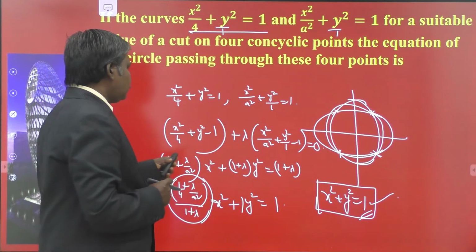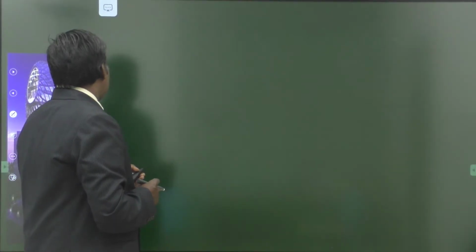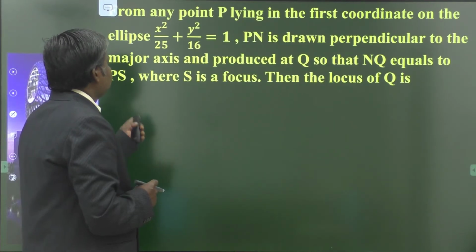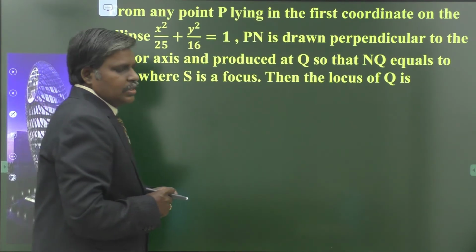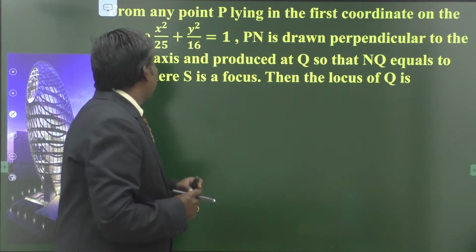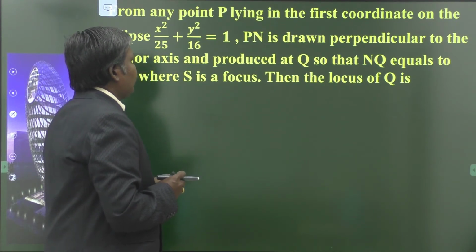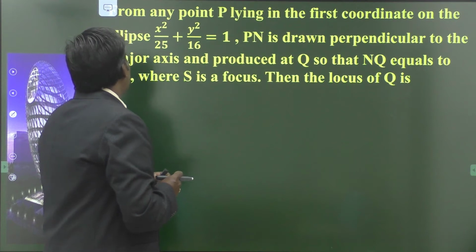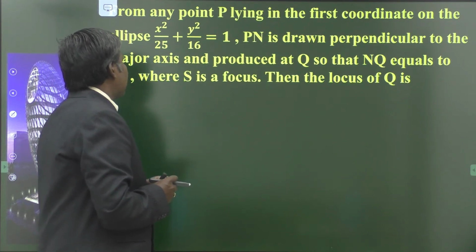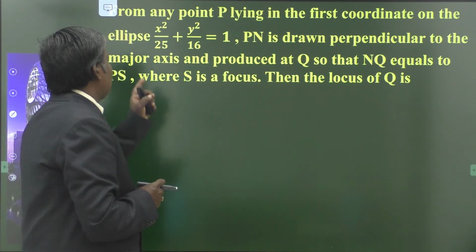Okay. Next one. This is also a very nice question for you. From any point P lying in the first quadrant on the ellipse x square by 25 plus y square by 16 equal to 1.